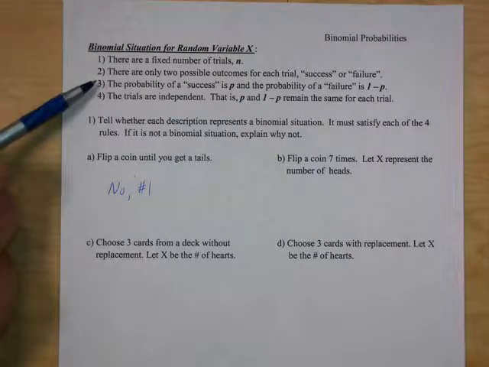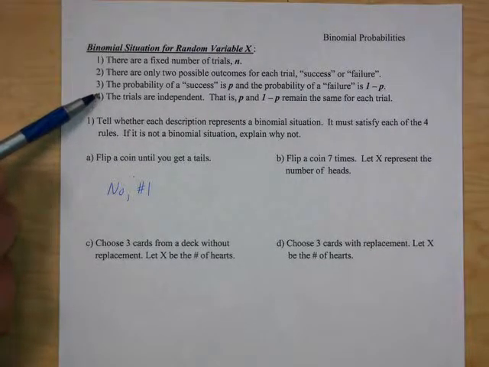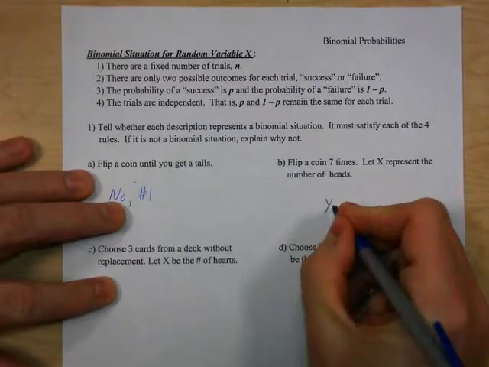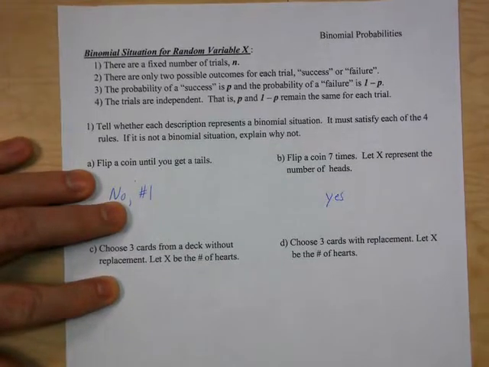If you flip a coin, the probability of getting a heads is 1/2, and not a heads, 1 minus p, would be 0.5. And they are also independent because those probabilities do not change from trial to trial. So B would be yes.